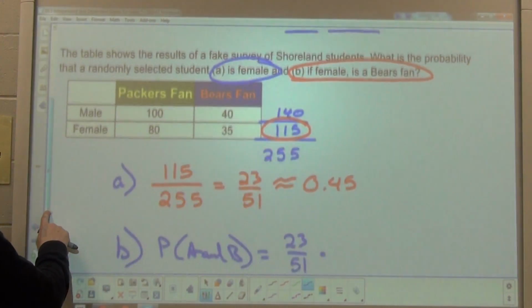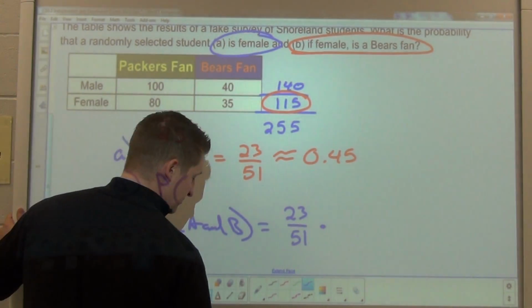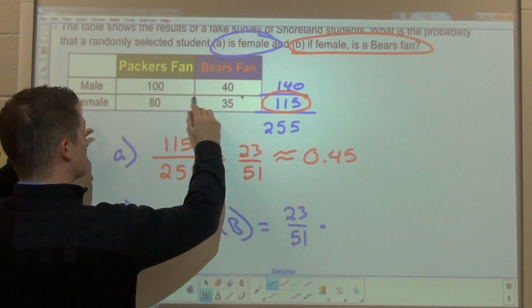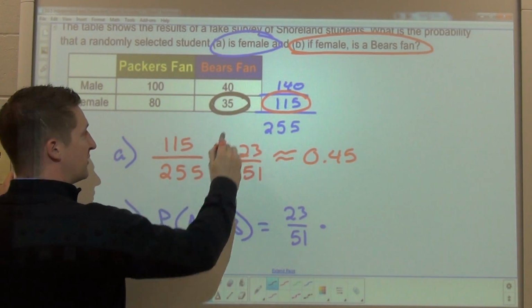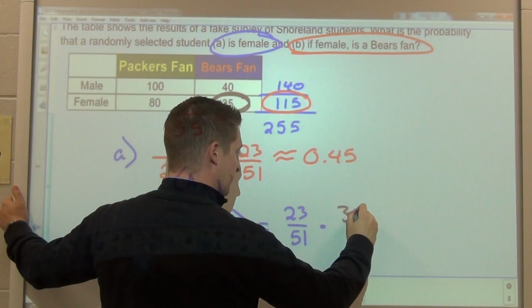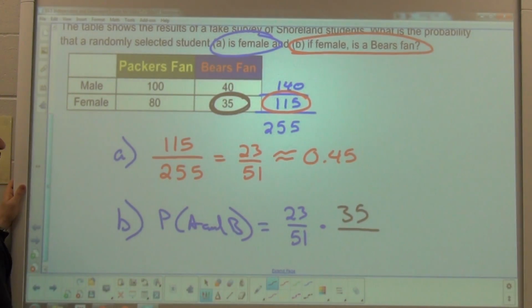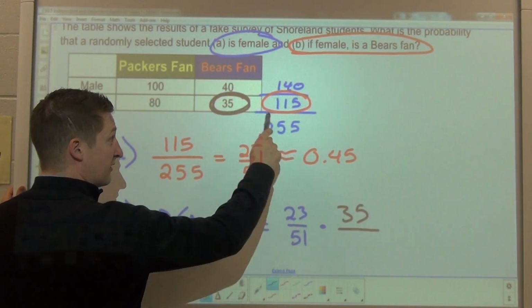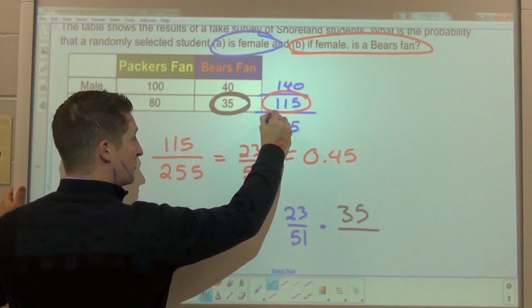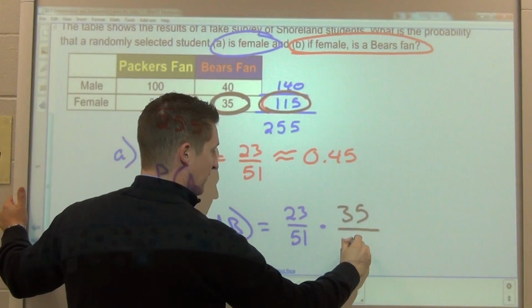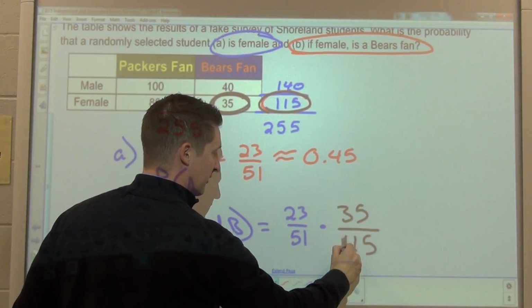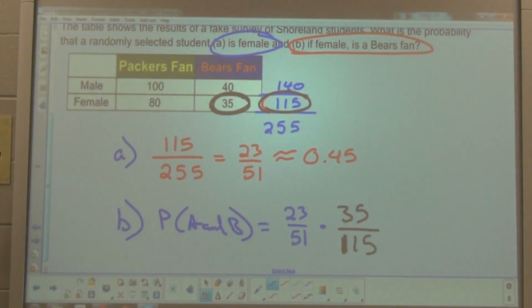So for that purpose, I can take the probability that the student is a Bears fan and female. There's 35 female Bears fans, so 35 out of how many? Well, it's not the total 255, it's the fact that they're female. I already have limited to the fact that they're female, so there being 115 females, I have 115 for the denominator of that fractional probability.